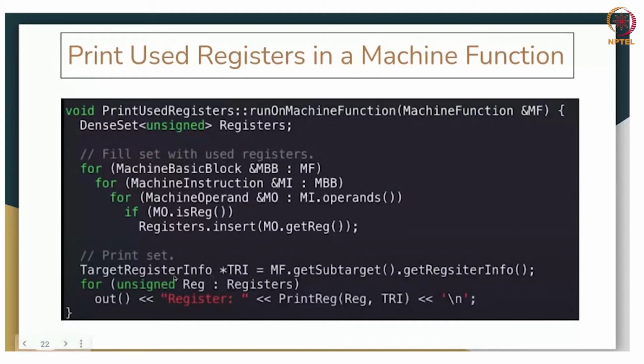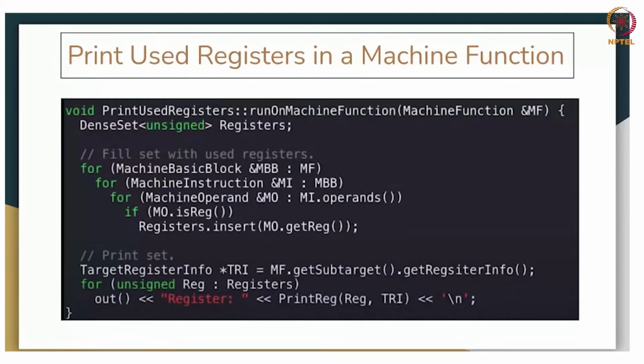Then for the target register info, you call MF.getSubtarget().getRegisterInfo(). Then print each TRI; this prints the registers that are used in that machine function.